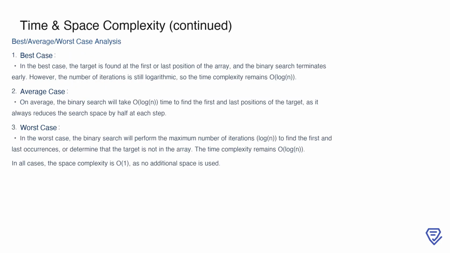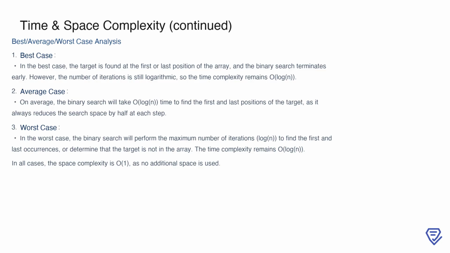Let's analyze the best, average, and worst-case performance of this approach. In the best-case scenario, the target may be found at the very beginning or end of the array, allowing the binary search to terminate early. However, since the search space is still halved in each step, the time complexity remains O(log n).